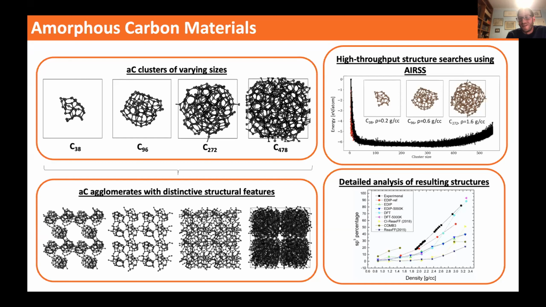For instance, in this graph we show how, by testing different pseudopotentials and ab initio techniques, we compare the sp3 hybridization ratio with respect to sp2 for different nanoclusters and materials. DFT is of course the one that represents it best, but then we try to find the most representative potential for use. Boris can talk more about that maybe during the question session, but the main result is that we relied for a long time on the use of EDIP.